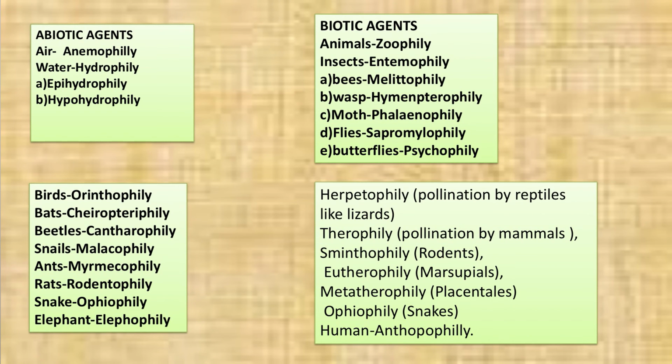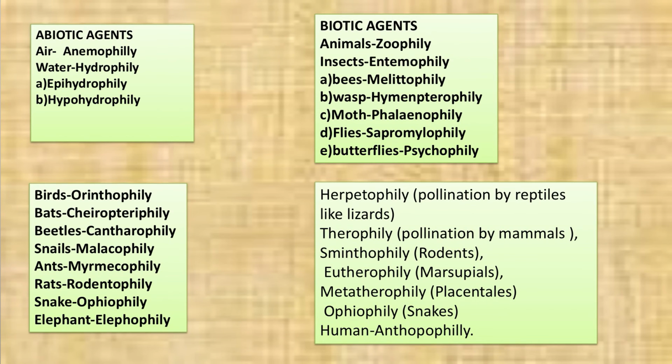When pollination takes place by some biotic agents, some living organisms, that is biotic pollination, several terms are assigned to that: animals, zoophily; insects, entomophily.